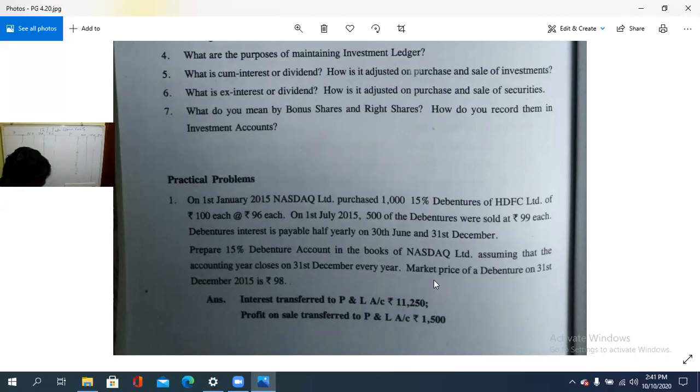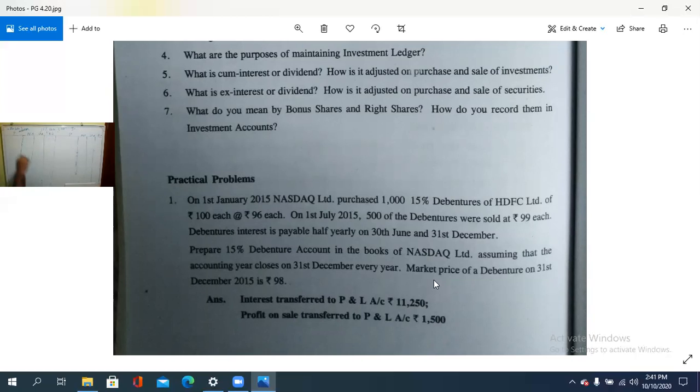So here, 15% debentures of HDFC account, in the books of NASDAQ Limited. Firstly, what is the entry?